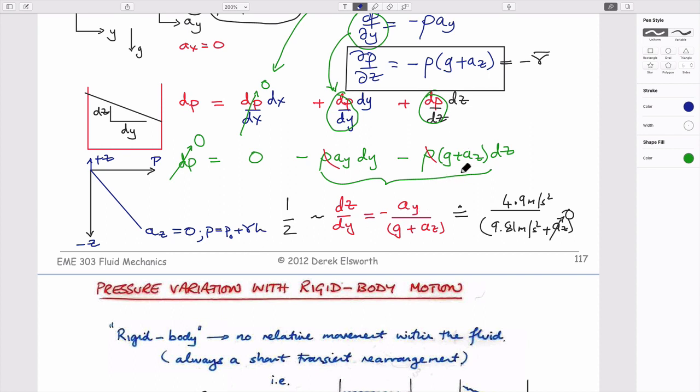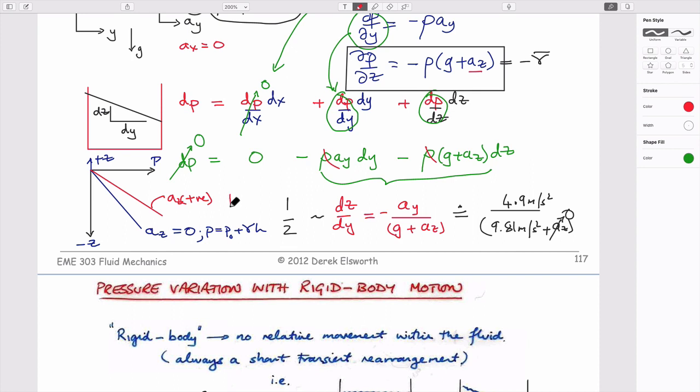But if there's this additional component that's added to it, then if we're accelerating upwards and if the z acceleration is positive, then it's going to look like this. Az positive. That's my notation for positive.